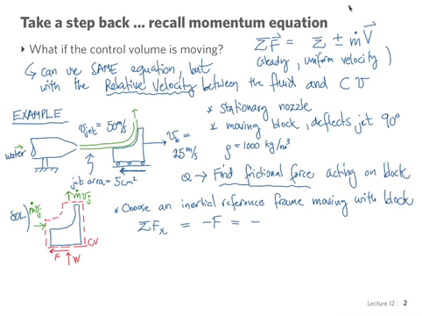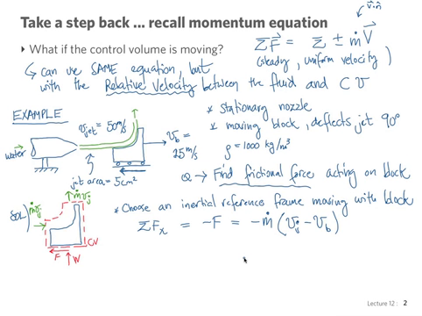Here, this dot product was v dot n, right? So this tells me that the sign here is minus m dot times v, but the velocity here, in a reference frame moving with the block, is the relative velocity: the velocity of the jet minus the velocity of the block.